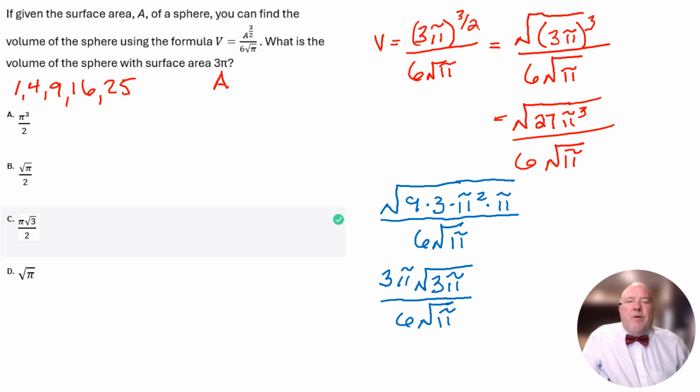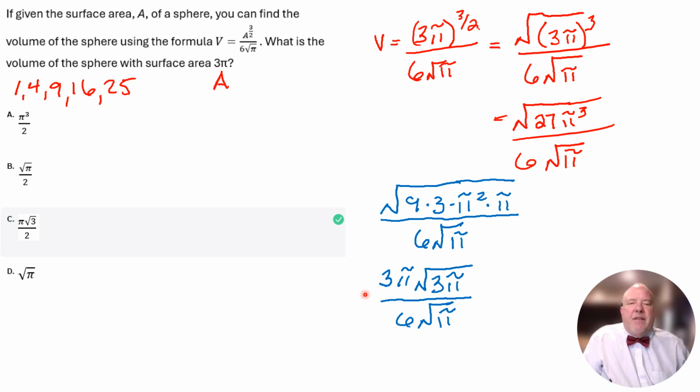All right. So the 3 and the 6, I can simplify. 3 over 6 simplifies to 1/2. The square root of pi over the square root of pi, those will cancel out. If they're both in a radical, you can simplify them.